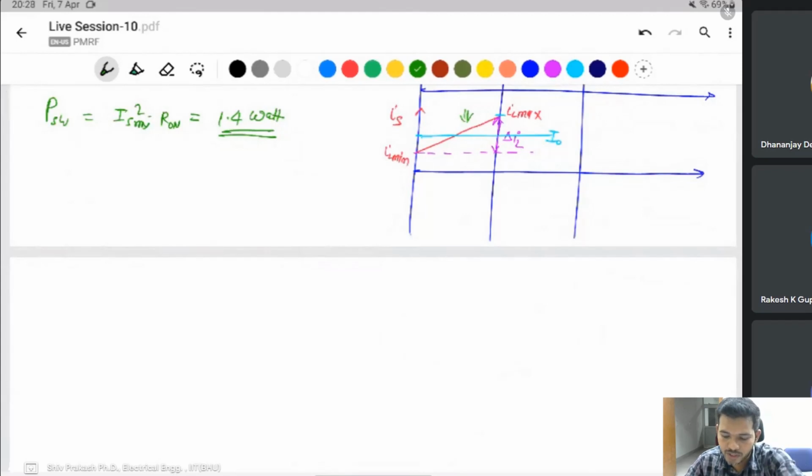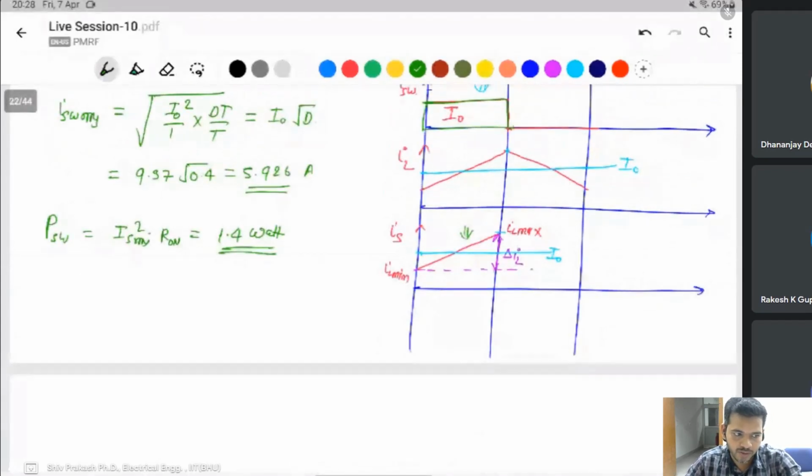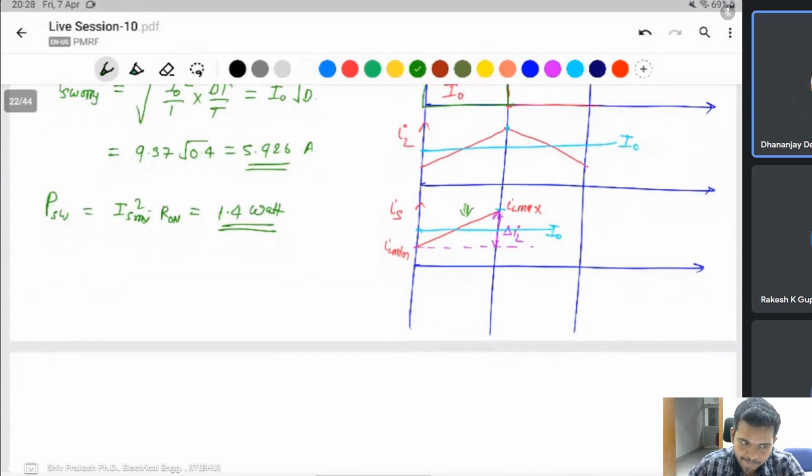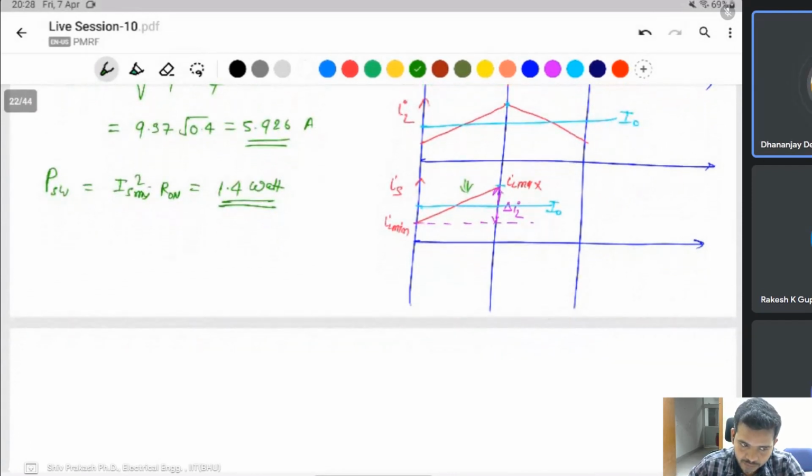To calculate this one, dt is one part of the time period T. Now this whole current appears on the switch, so what will be the RMS value of this?